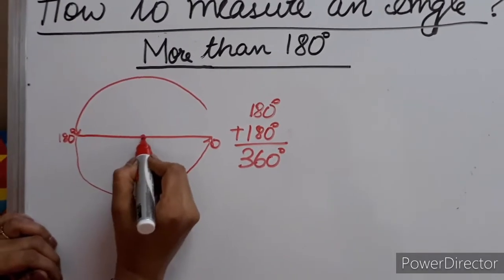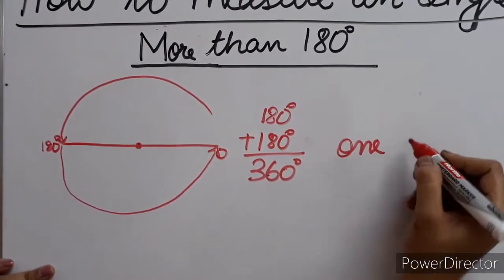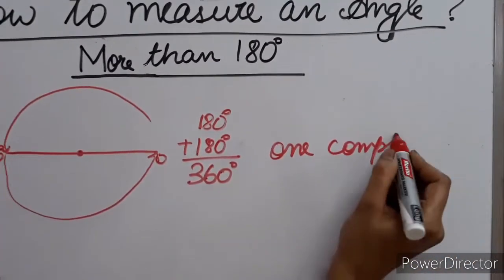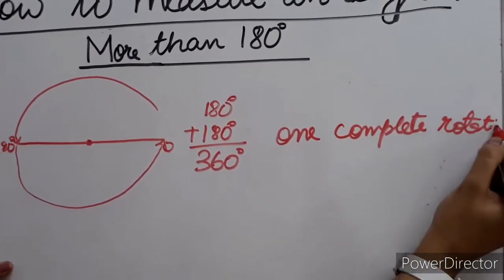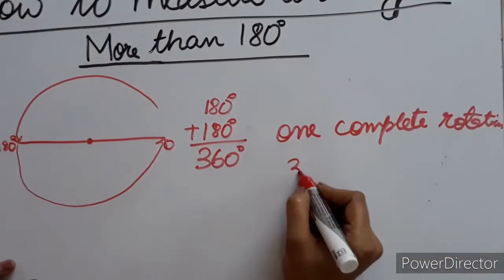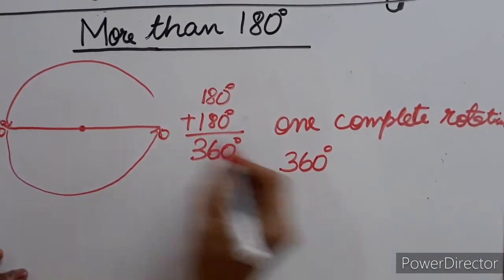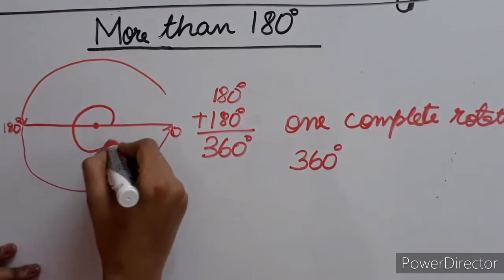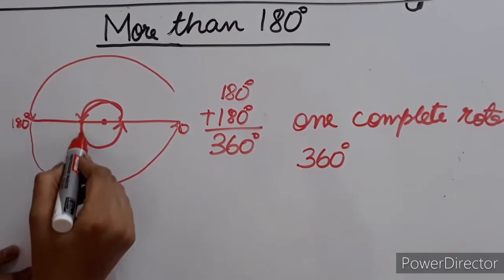So from the fixed point, when we make one complete rotation, the sum of the angles will be 360 degrees, 180 and again 180.